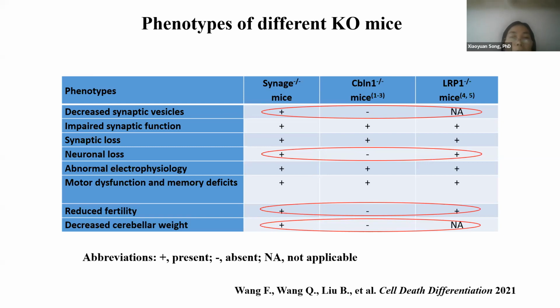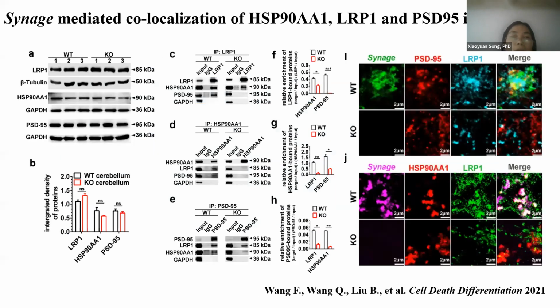Next. So we looked into how Synage regulates LRP1, and through Western blot we found HSP90 and LRP1 and PSD95 are not changed at the whole protein level upon knockout of Synage.